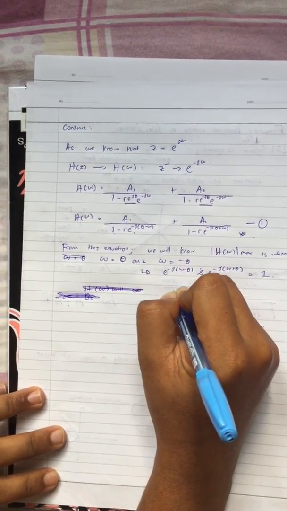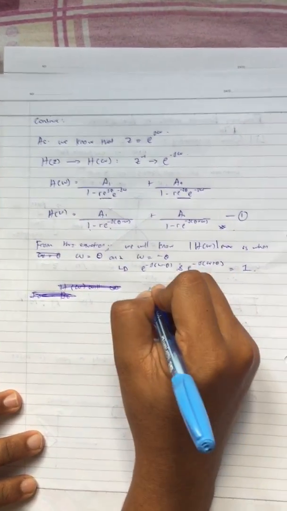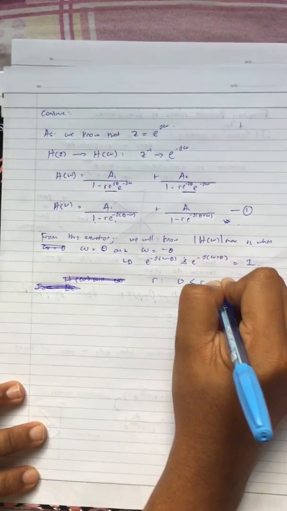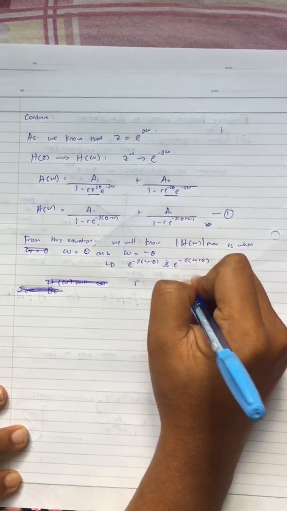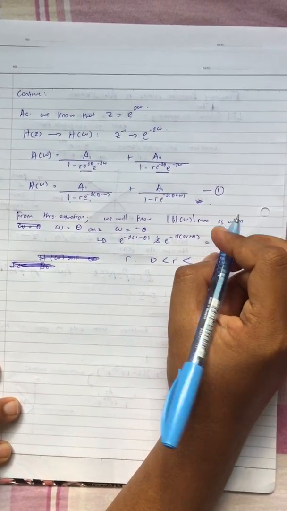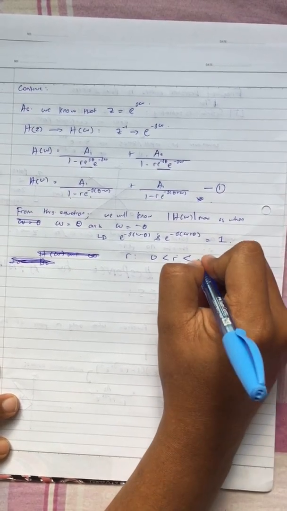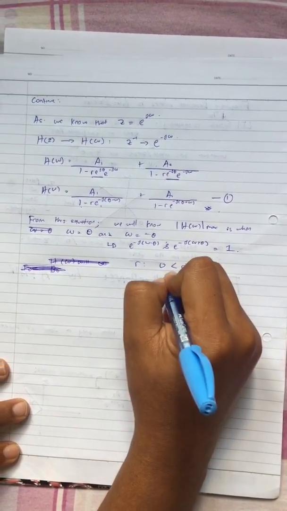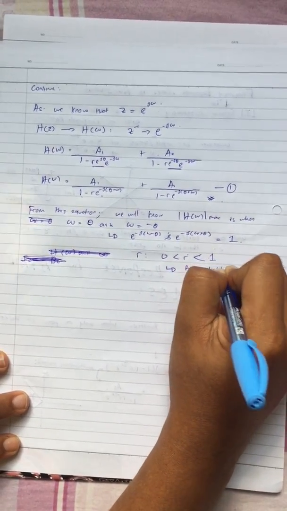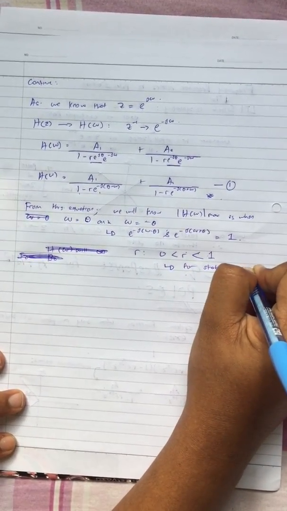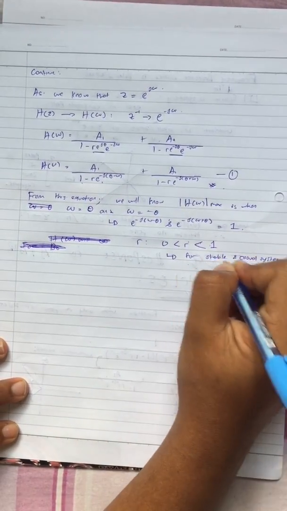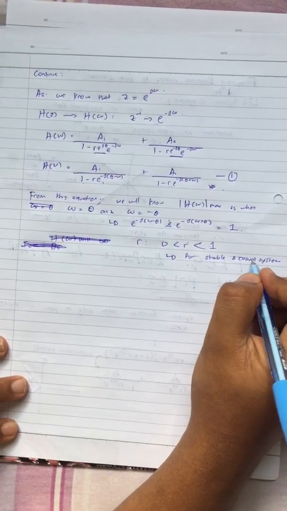So therefore I will explain the range of r. The range of r is between 0 and 1. r cannot be less than 0, and cannot be more than 1. This is for a stable and causal system.